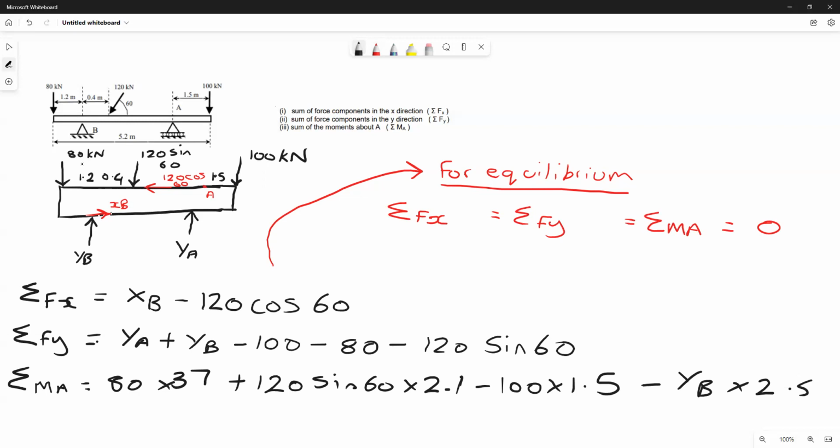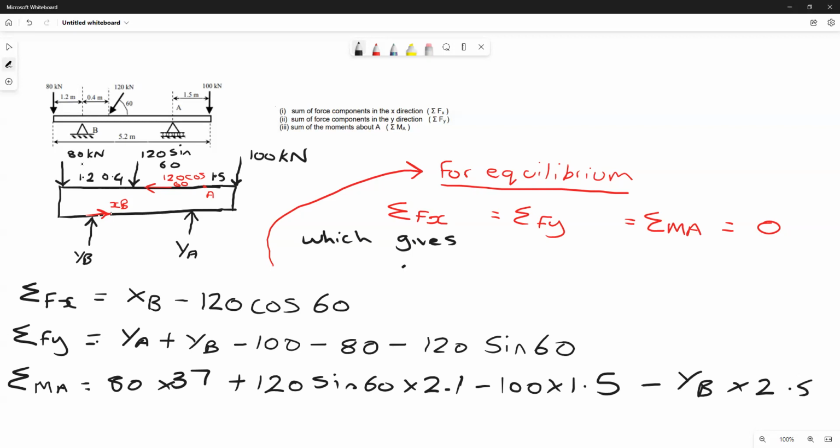Then you would do the basic manipulation and you would be able to solve for the sum of x, the sum of y, and the moment for each of these individual components. So you should then end up with an answer once you've solved these equations.